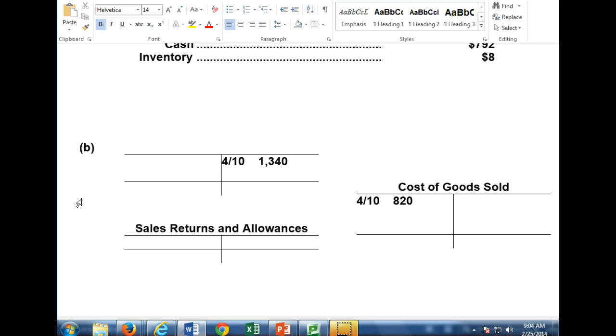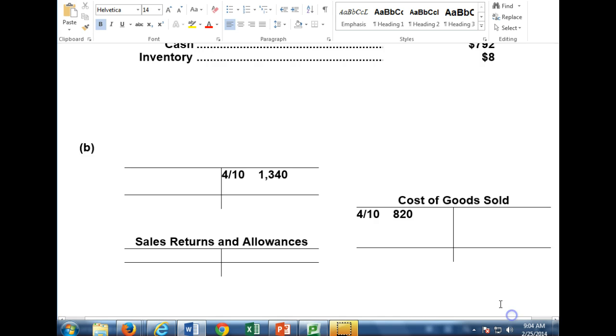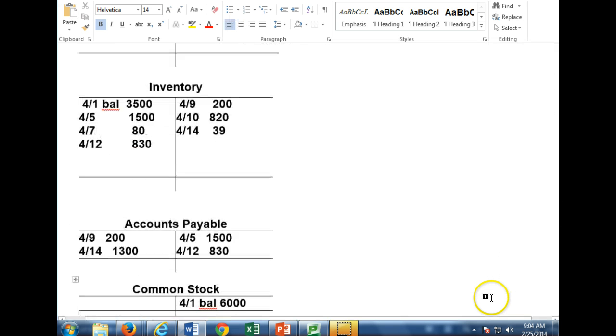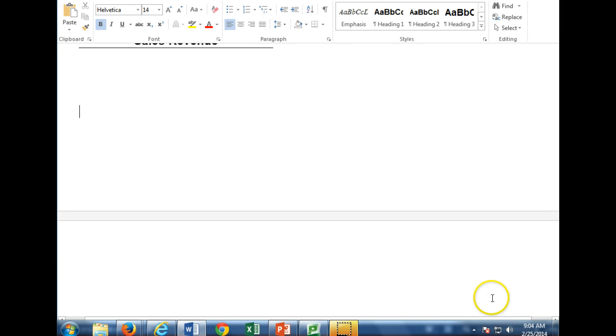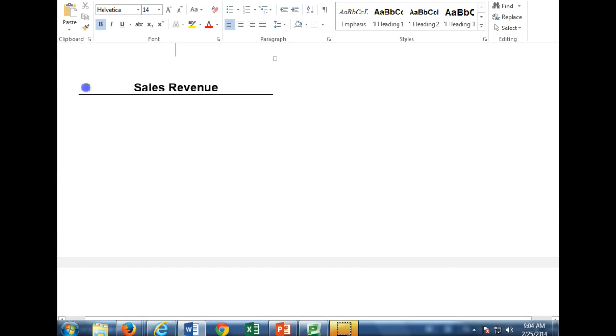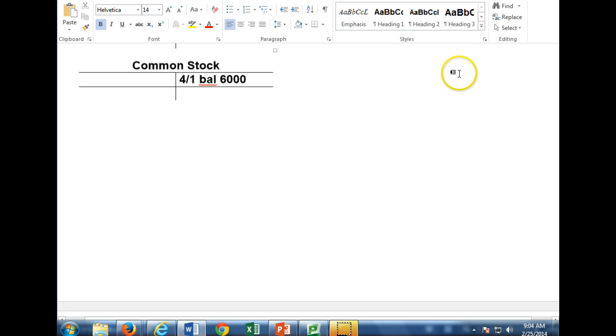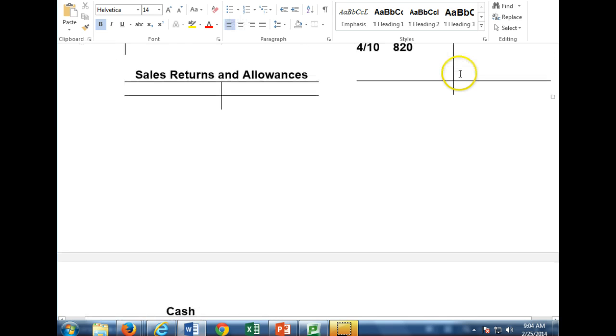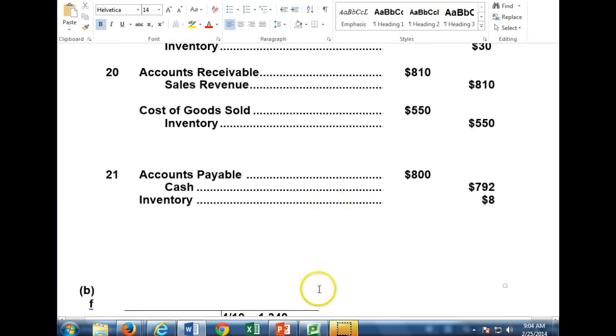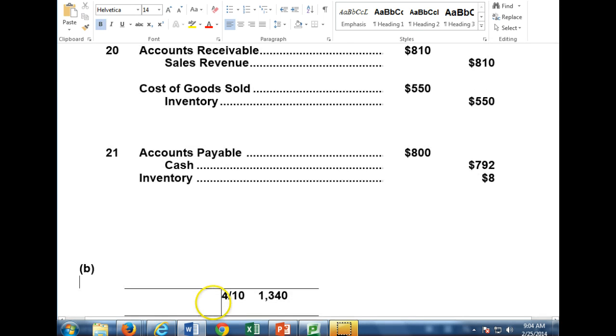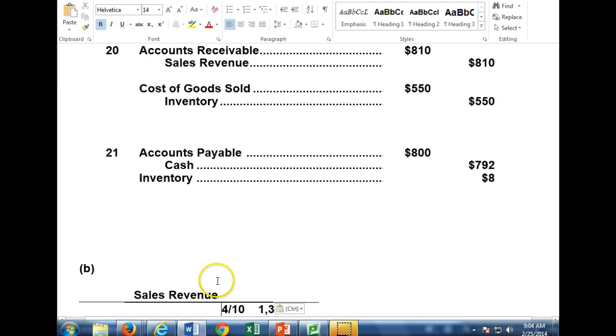Oh, this was sales revenue here. Sales revenue. This piece, put it up here. Sorry about that, guys. There's so much formatting on this, I'm screwing it up somehow.